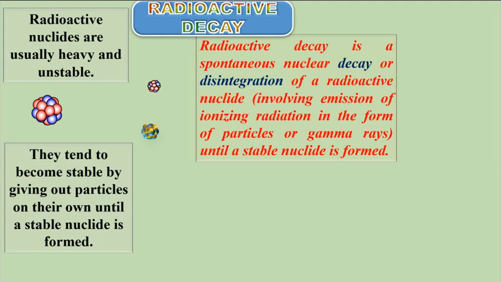We say radioactive decay is what? It's a spontaneous nuclear decay. Spontaneous means on its own, nothing forces it, nothing induces it. It just breaks up on its own. It just breaks down on its own. It just gives out some particles and it continues to give those particles out until it becomes stable. That's one thing you need to take note of in this definition.